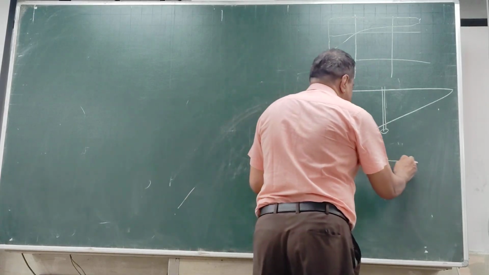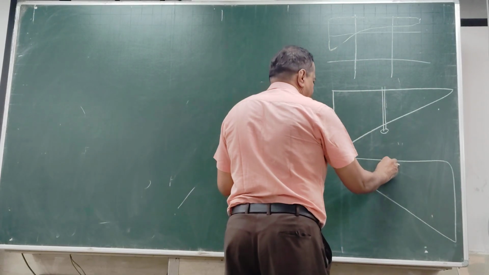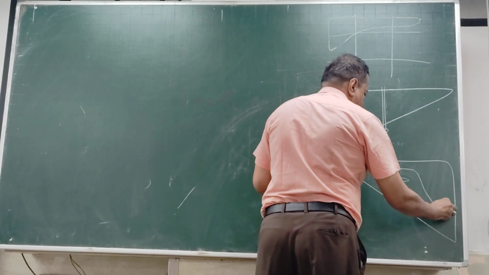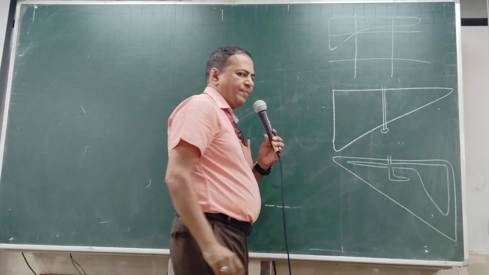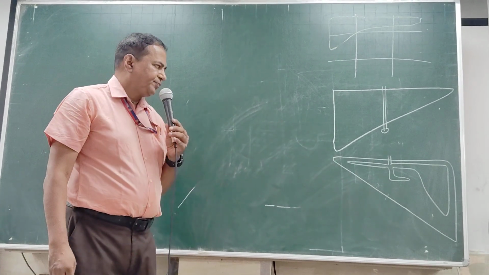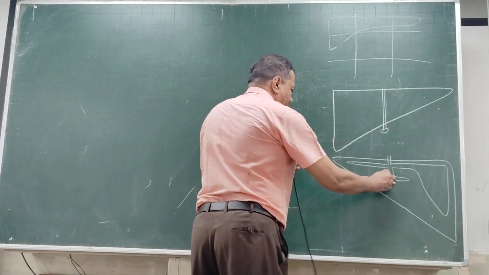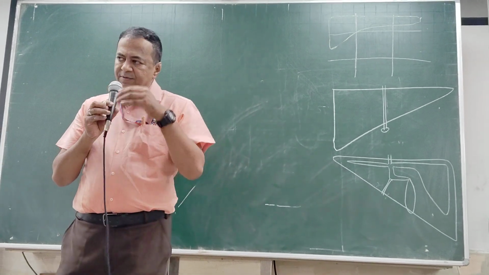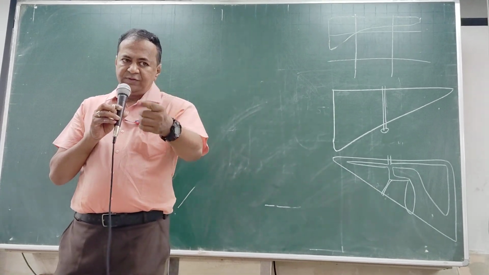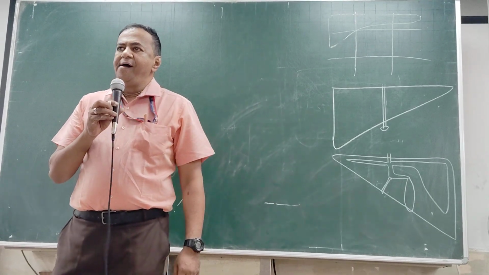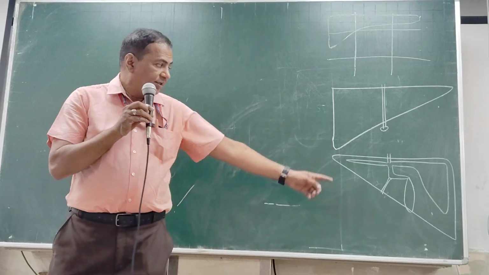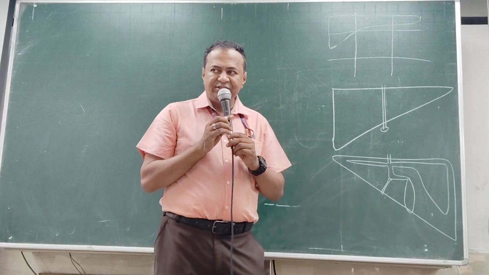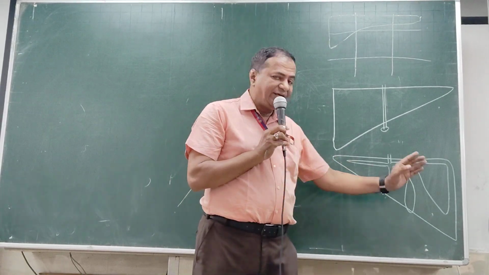When you look from the posterior aspect, you see two important structures which are dividing the liver into left and the right lobe.